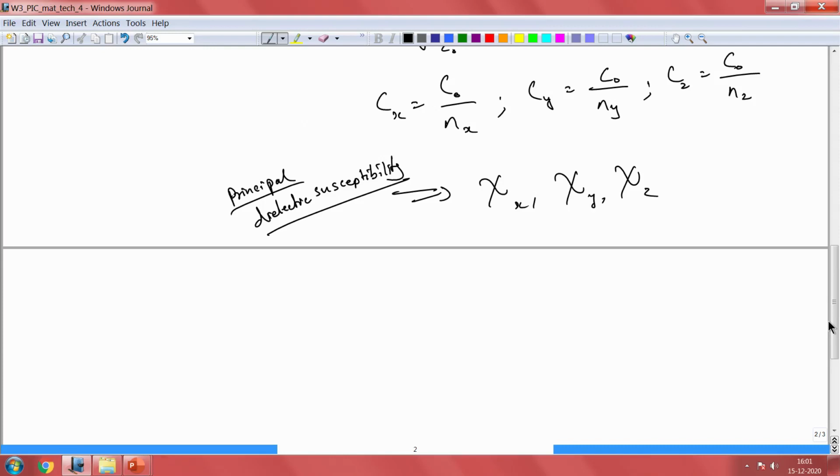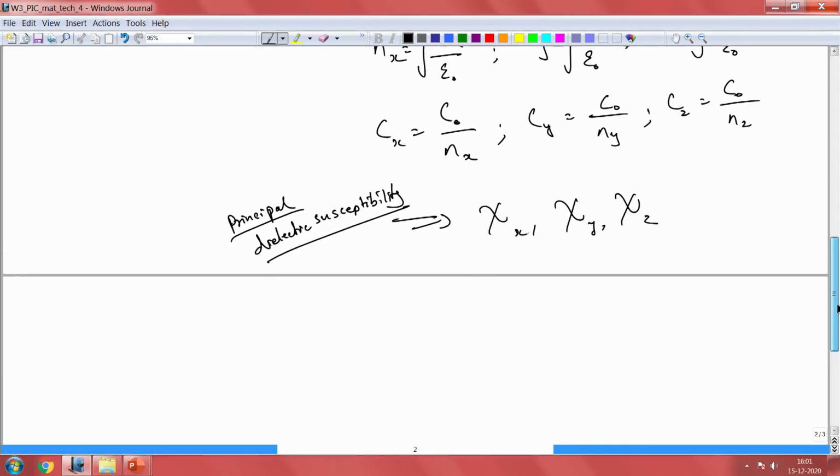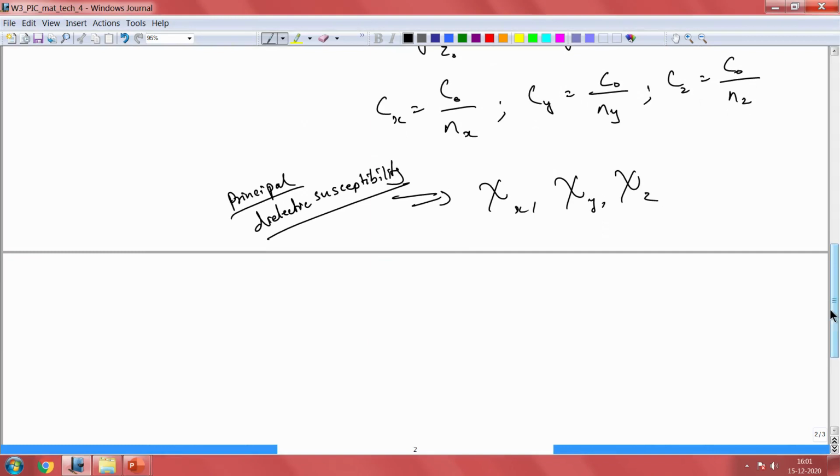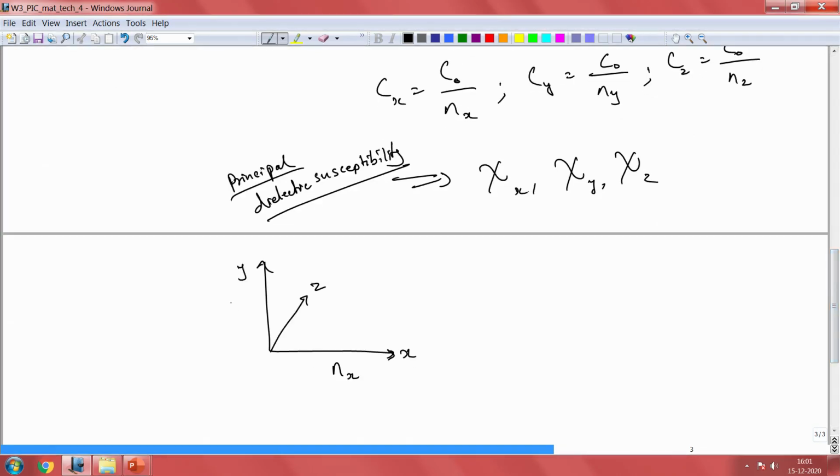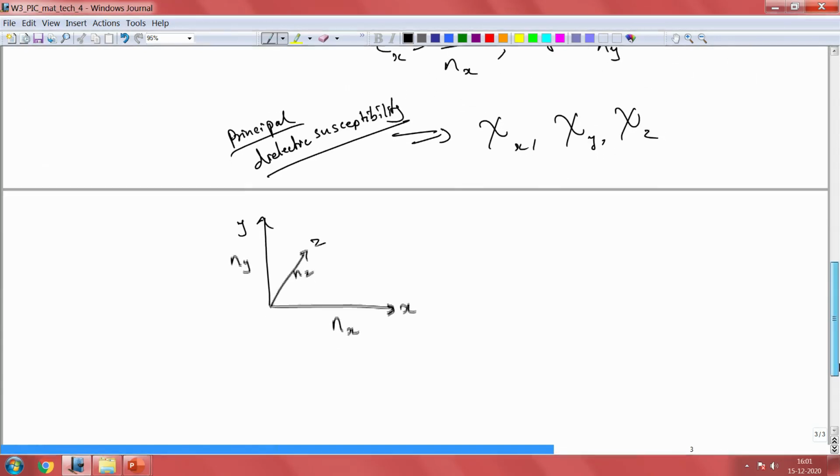Okay. So let us look at a very simple case. I take a material that has 2 coordinates here and then z. So now this has nx, you have ny, and this is nz, let us say, right.